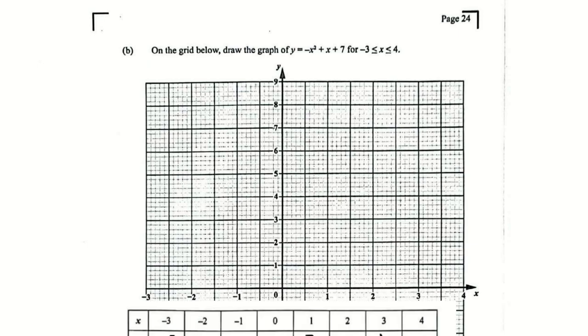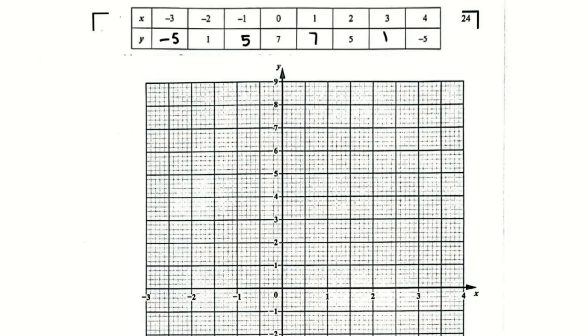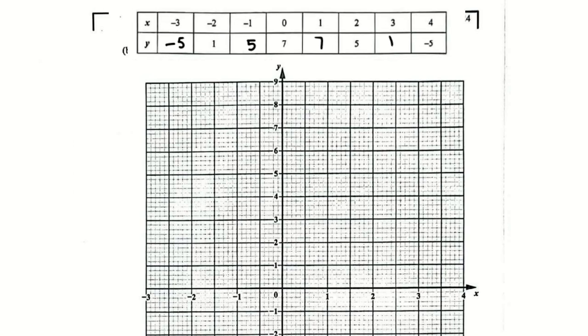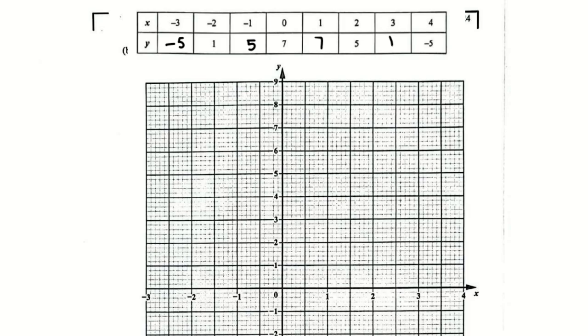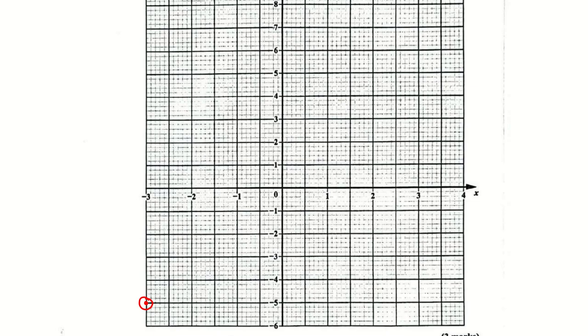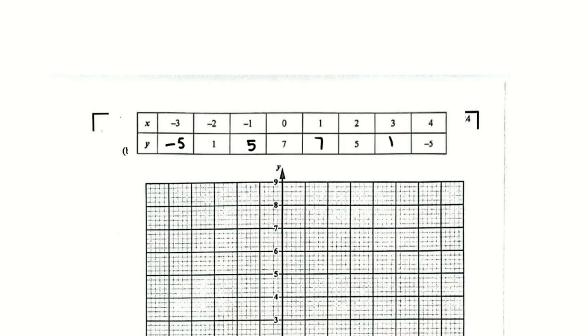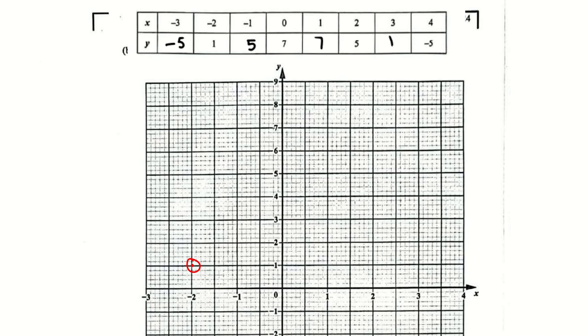I'm just going to put it here for now, and then when I finish plotting the points, so I have, when x is negative 3, y is negative 5. So I have this coordinate right here. You can either make an x or a point with a circle over it, that's up to you. Next one, when x was negative 2, y was 1. So that would be right here. When x is negative 1, y is 5.